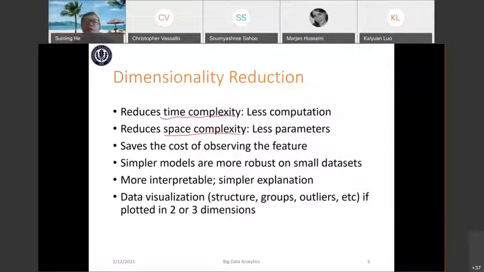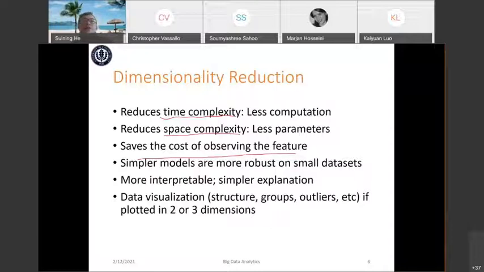And also, it will save the cost of observing the features, because when we would like to search along the entire space to find the data point, we can look at fewer dimensions to search for data points, and it will save the cost in observing those features of the data point. And of course, with simpler data points, we can use a simpler model to describe those data sets.